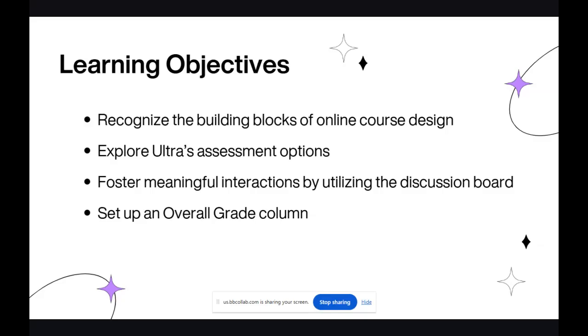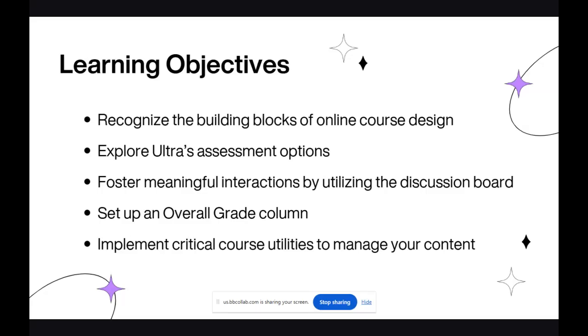You're going to be setting up your overall grade column. I know as a student you have access to grades, so I'm going to focus a little more on the grade book part. Then we're going to look at course utilities, such as course copy, making your course available, setting those dates, and using batch edit tools.